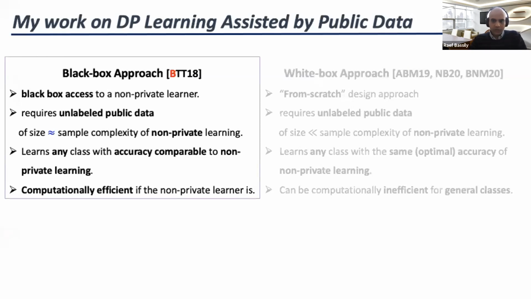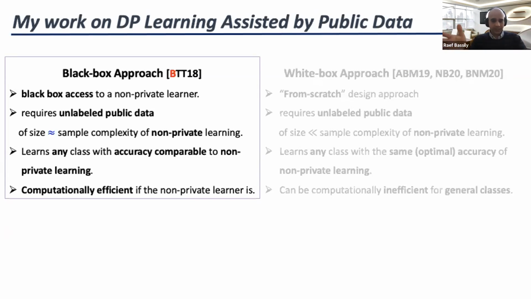In the black box approach, we basically bootstrap a PAP learner using only black box access to any generic non-private learner with good accuracy. Our algorithm requires only unlabeled public data, and the size of the public data set is roughly the same as the sample complexity of non-private learning, which is basically the minimum number of samples required by the non-private learner to output a good classifier.